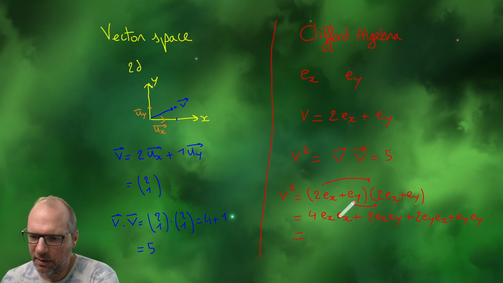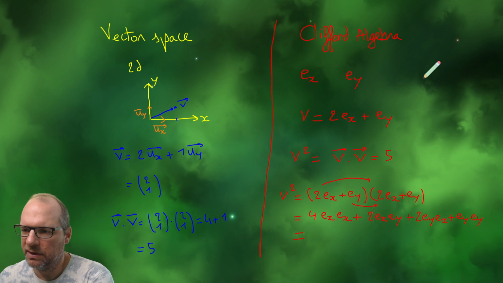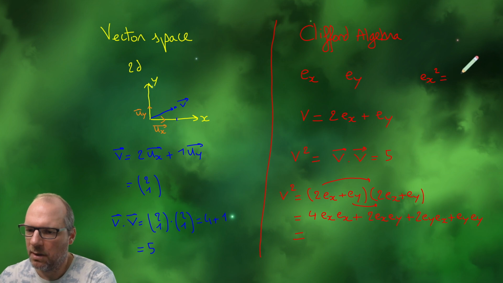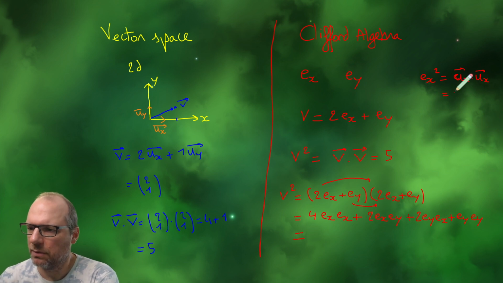So what is the product of e sub x by itself? In fact, we know that e sub x squared must be equal to the scalar product of u sub x with itself. That's what we want.